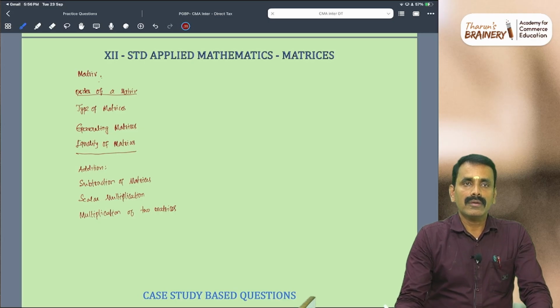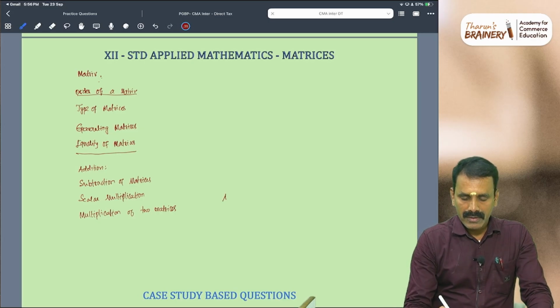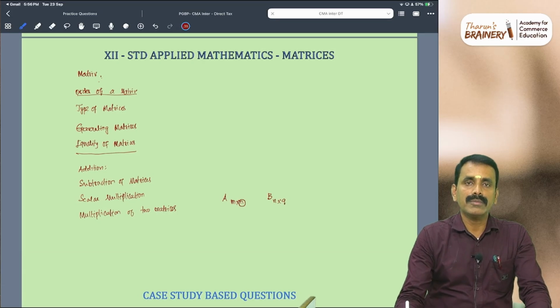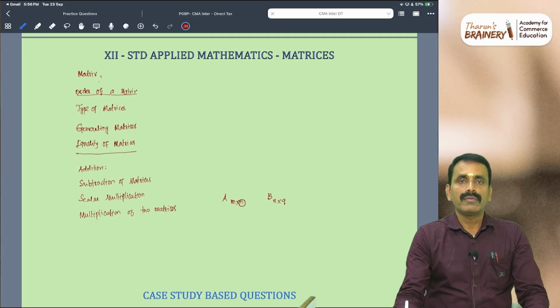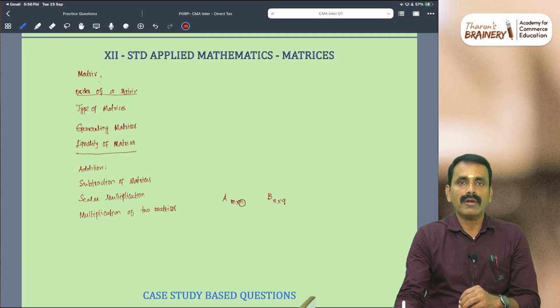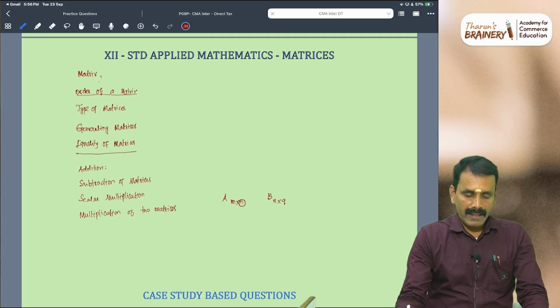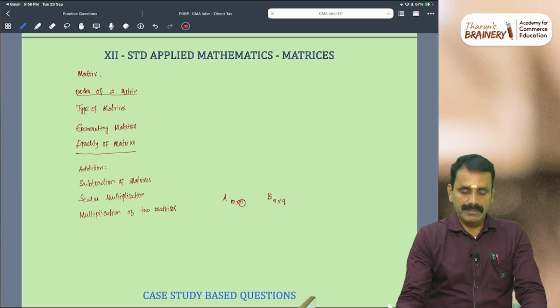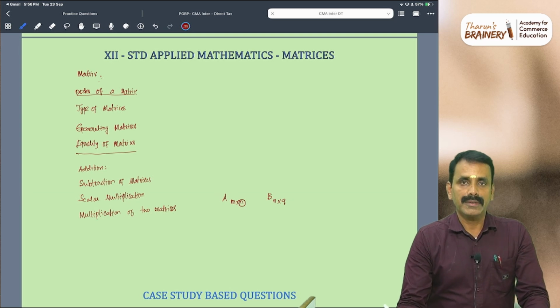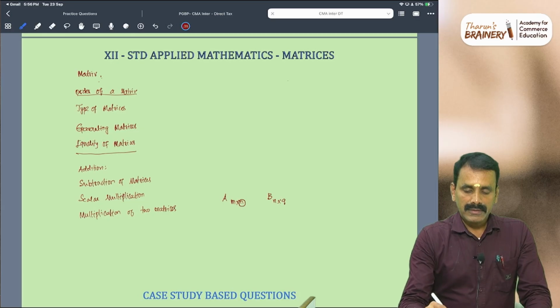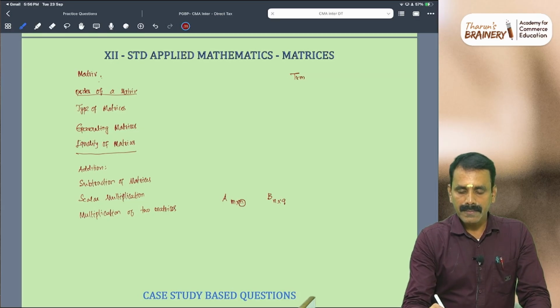If A is a matrix of order m by n, then B must be a matrix with n rows and it can have any number of columns, because the condition to be satisfied is the number of columns in the first matrix should be equal to number of rows in the second matrix. Then only we can perform the matrix multiplication. Is it clear?